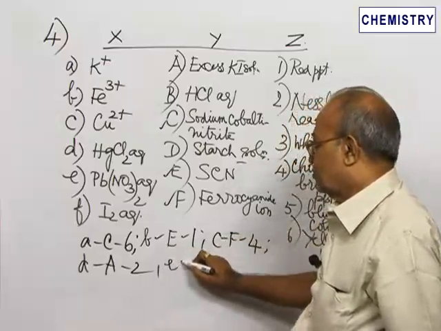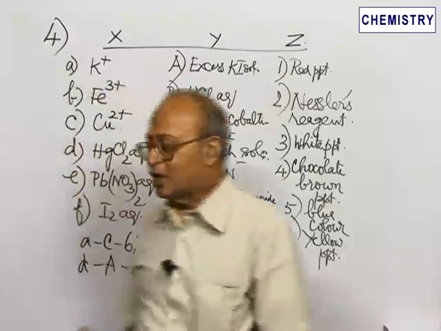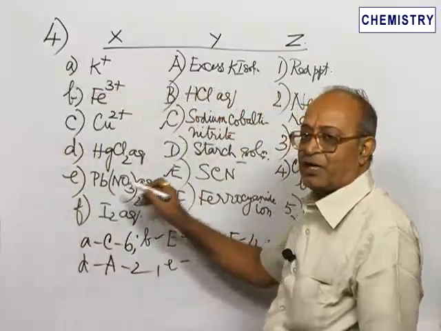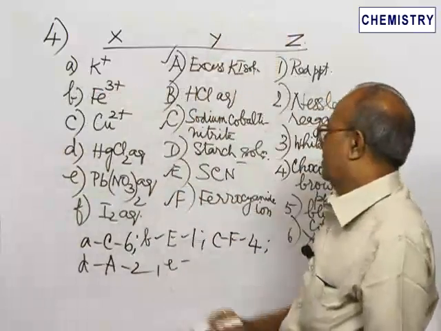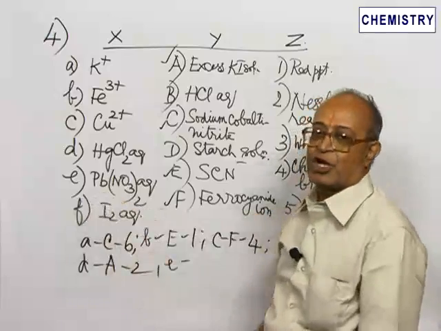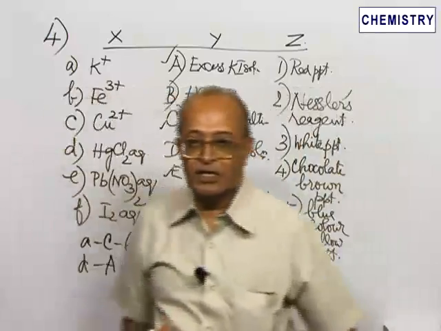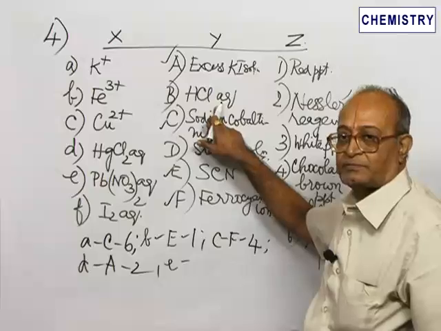All right, come to E. Lead nitrate solution, aqueous solution, lead nitrate dissolved in water. Now, one of the tests for lead ion is addition of hydrochloric acid.